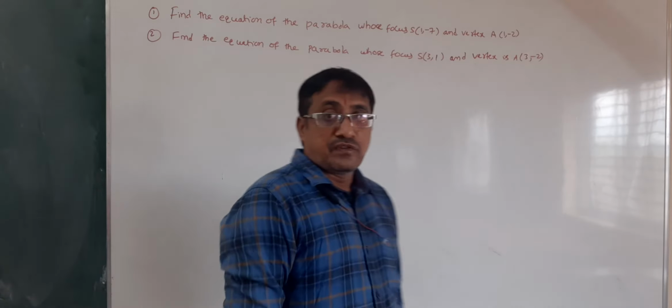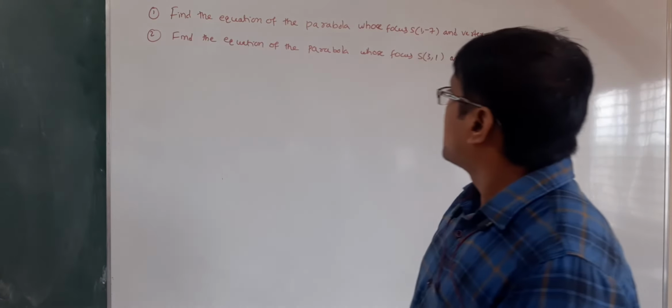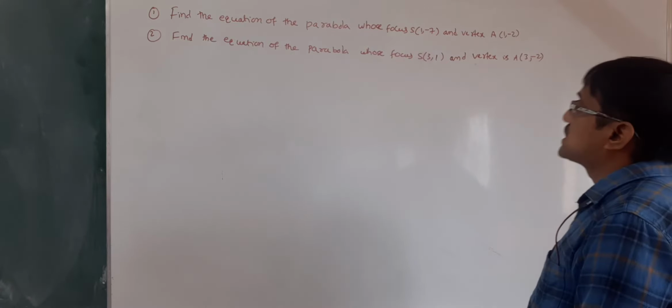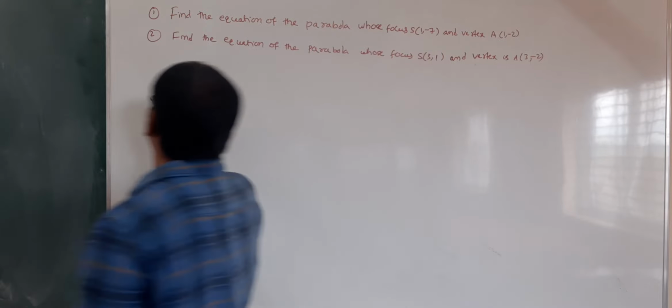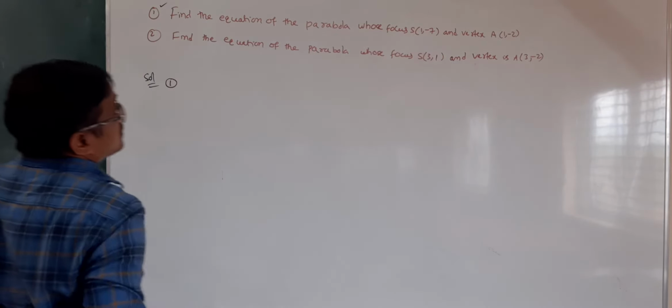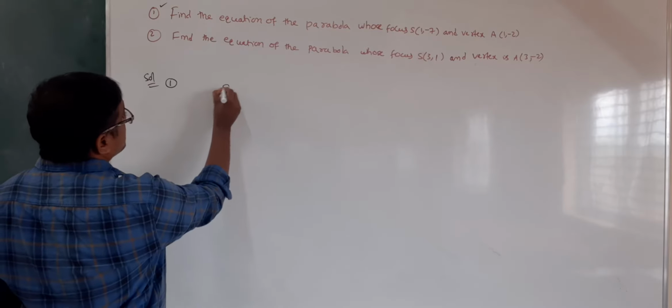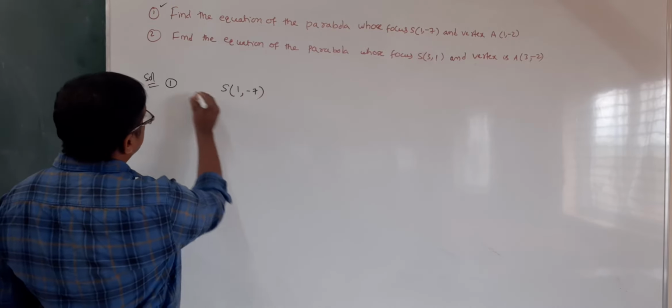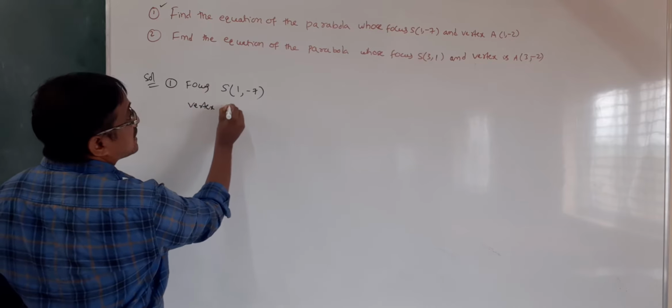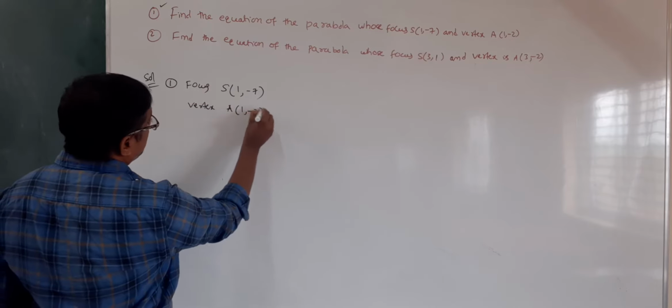Next problem: find the equation of the parabola whose focus is 1 comma minus 7 and vertex is 1 comma minus 2. So first, given that focus capital S is 1 comma minus 7 and vertex capital A is 1 comma minus 2.